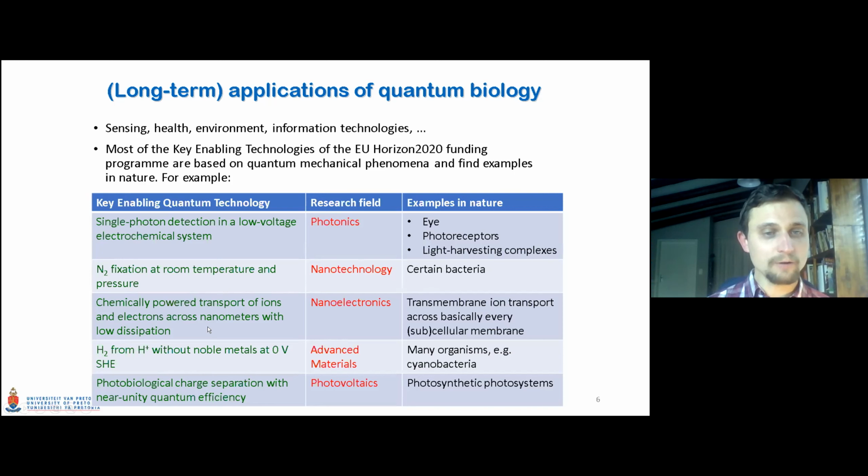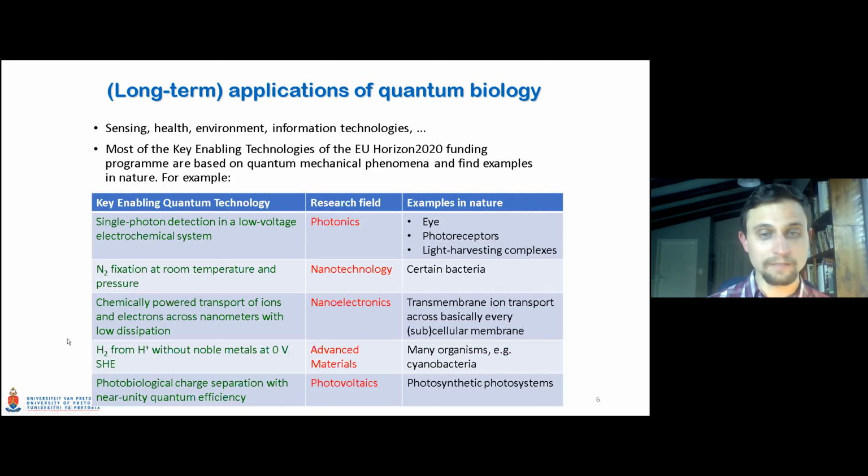The chemically powered transport of ions and electrons across nanometers with low dissipation. Well, this is done in every cell and most compartments, the organelles, subcellular membranes, where ions are transported across these membranes with basically no dissipation of the energy.